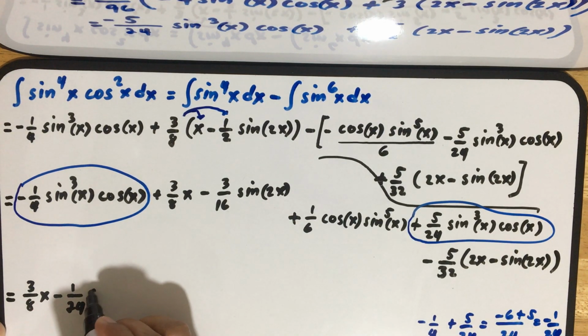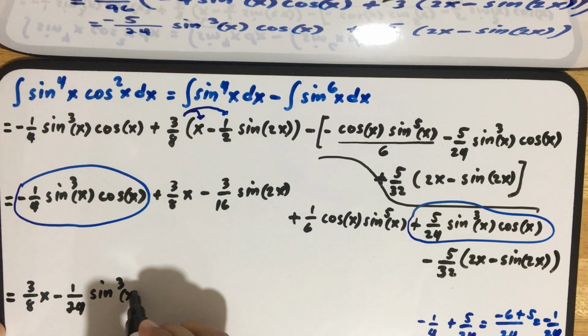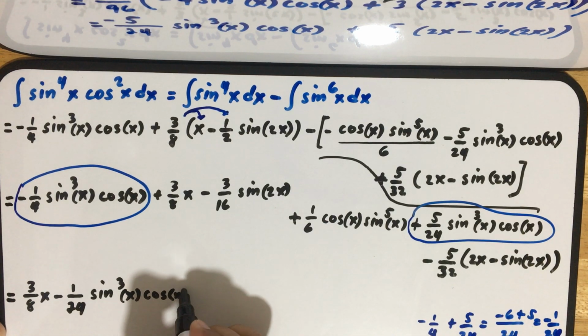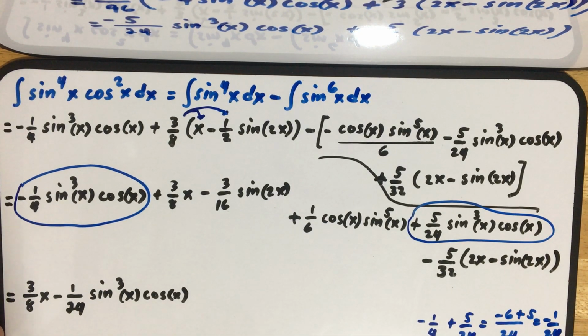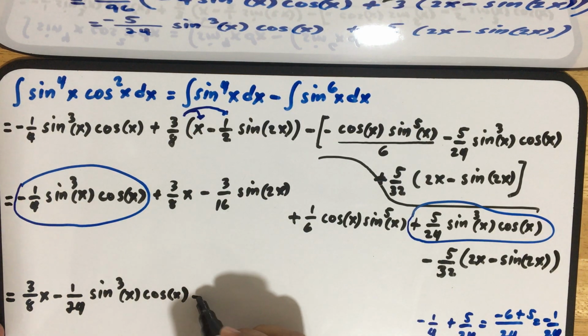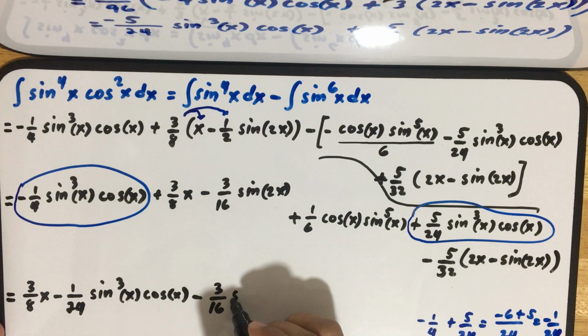So this is sine cube x times cosine x, then minus this one, 3/16 sine 2x.